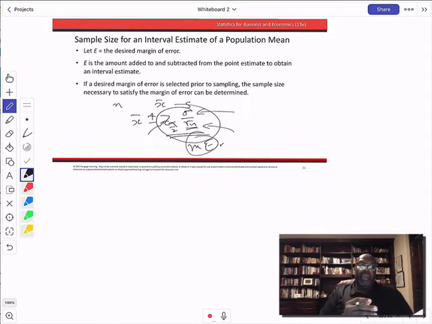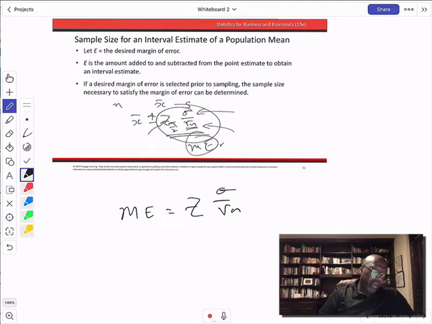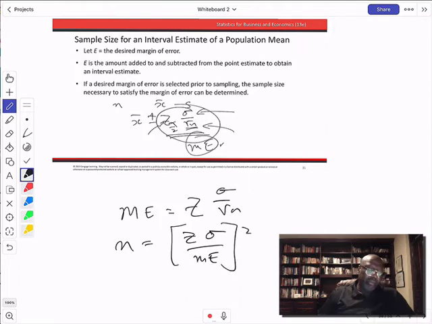In other words, we specify the margin of error, and we say the margin of error is equal to Z sigma over the square root of n. And so to get the sample size n, if we rearrange the formula and do the algebra, it will be n equals Z sigma over the margin of error, squared. All right, that will give us the sample size that we will need if we want to specify a particular margin of error.